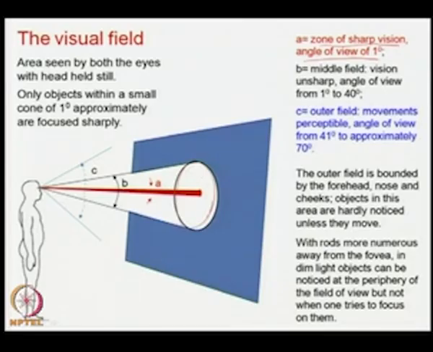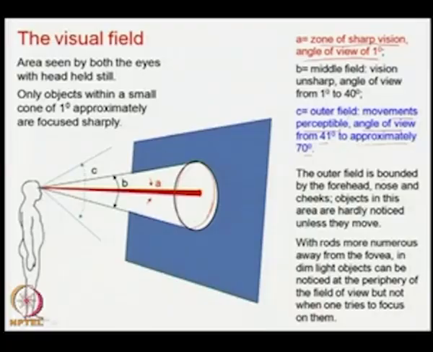Now, the C position, the C angle here, outer field, movements perceptible. One can perceive the movement at an angle of view from 41 degrees to approximately 70 degrees; these come under this outer field.